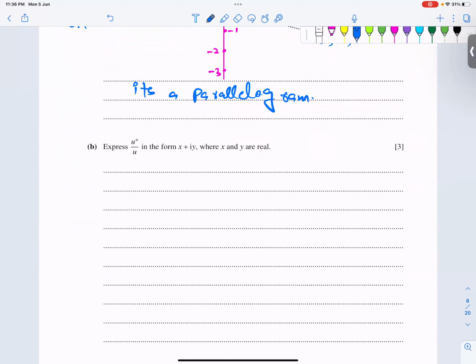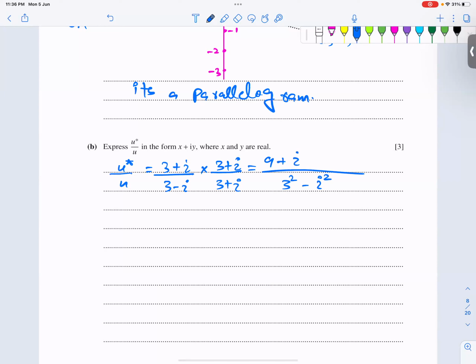u star over u will be 3 plus i over 3 minus i. You will take the conjugate, 3 plus i over 3 plus i. So in the denominator, this will be 3 squared minus i squared. The numerator will be a squared plus b squared plus 2ab.